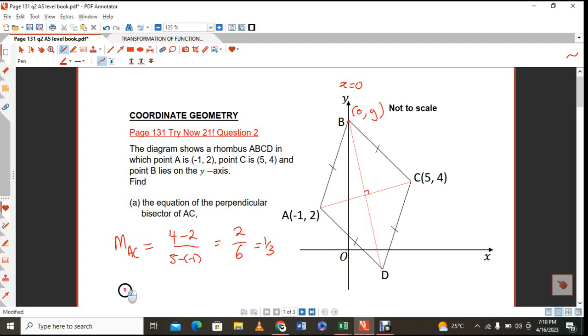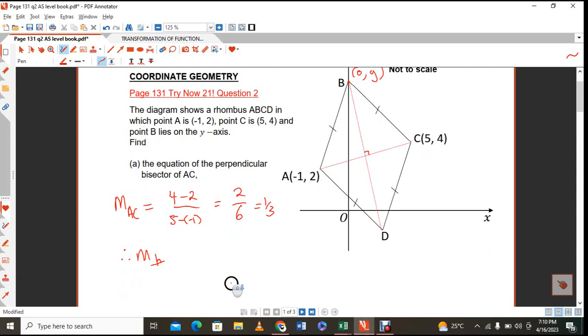So therefore, the gradient of the perpendicular bisector, or if I have to put it bluntly, the gradient of BD, should equal the opposite, which is -3, as when we multiply these two, you get a product of -1.